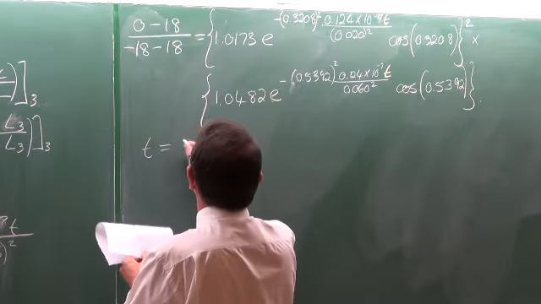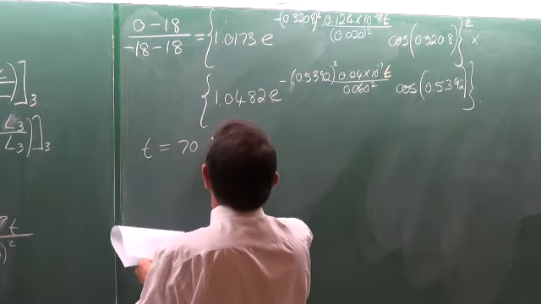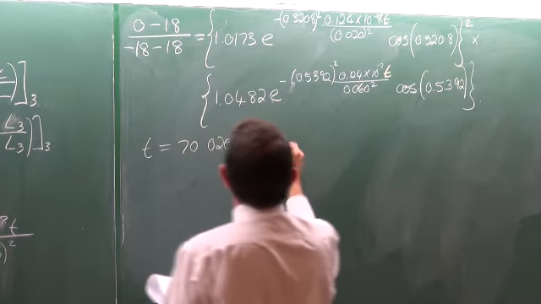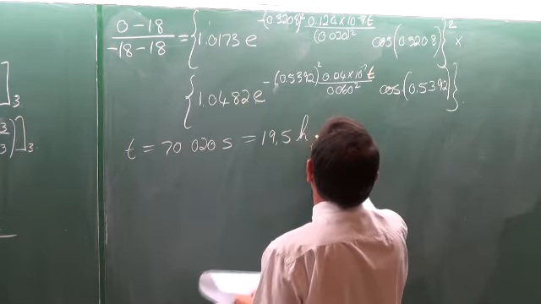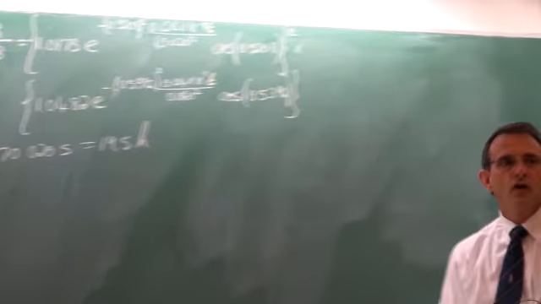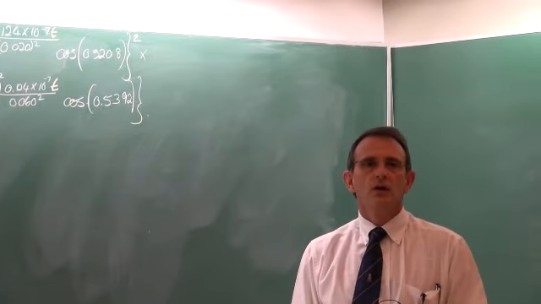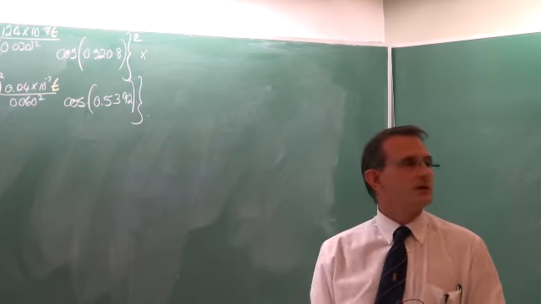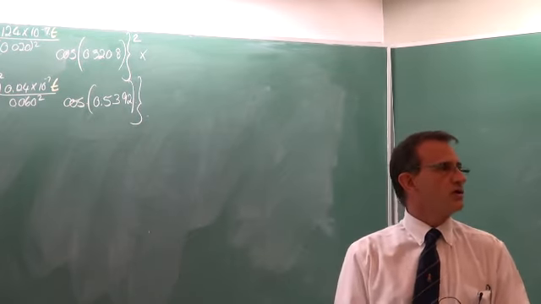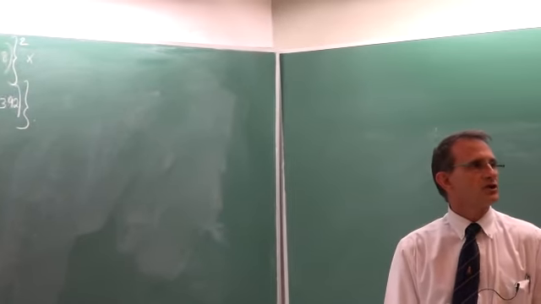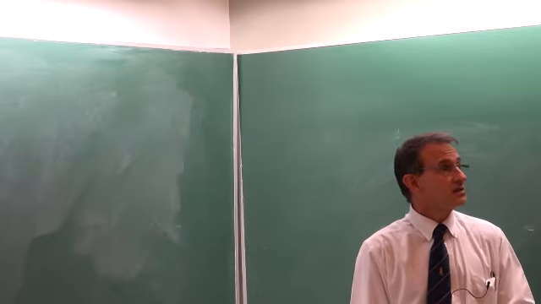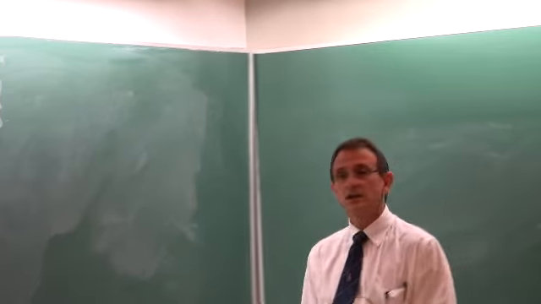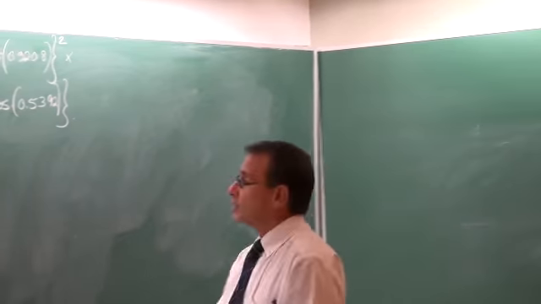And the answer is equal to 70,020 seconds, which is equal to 19.5 hours. 19.5 hours before the one corner temperature would drop to 0 degrees Celsius, and then it would start melting. Remember, it's at minus 18 degrees Celsius originally.